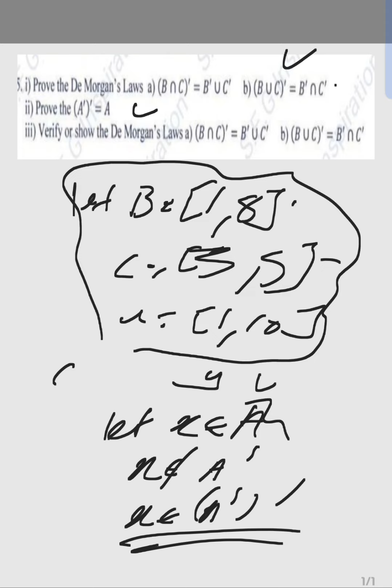That's how you verify or show. But for proving, you have to say let x be a member of something. That's the difference between proving and verifying. Verifying, bring in sets, numbers. Proving, you say let x be equal to something. That's how you prove. Alright guys, so this is more about De Morgan's and also the other question.